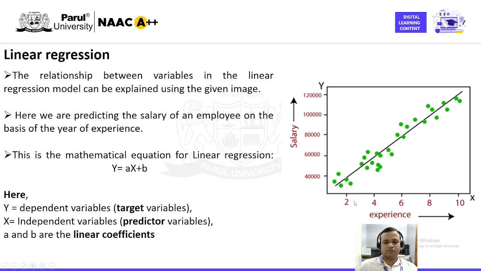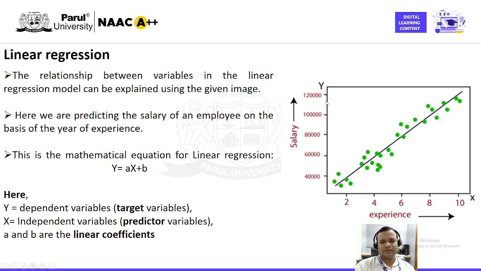Whenever you have 2 years experience, your salary will be approximately 38,000. With 4 years, approximately 58,000. With approximately 6 years, 80,000. With 8 years, approximately 98,000. With 10 years, salary will be 120.